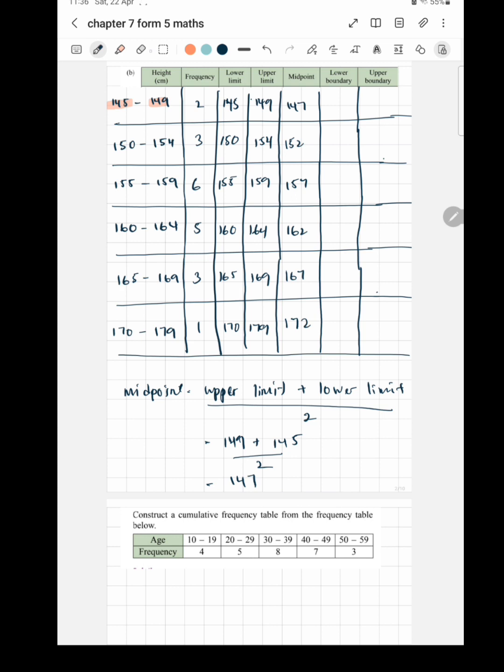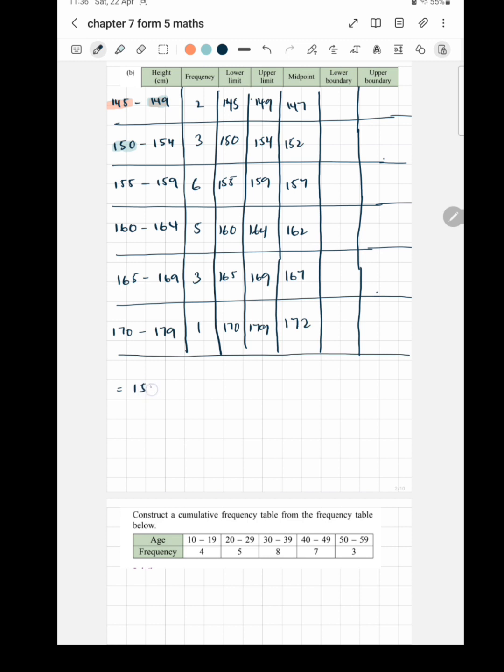After finding the midpoint, we can find the lower boundary. In order to find the lower boundary, we need to take the lower limit of the second class plus the upper limit of the previous class, that is 149, and divide it by 2. I'm going to show you right here.